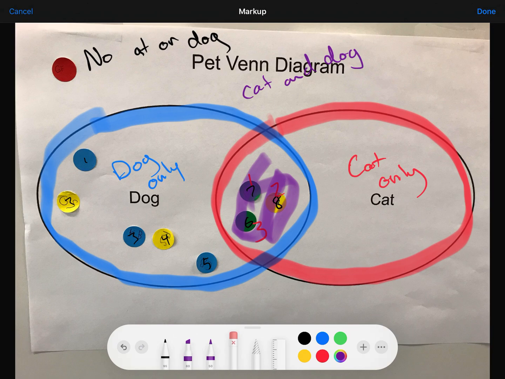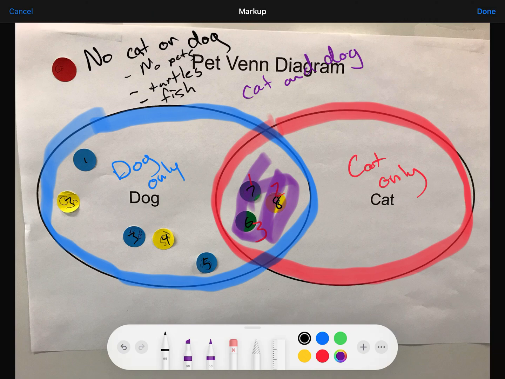Okay, I'm going to fix that C. They have no cat or dog. That means it could be no pets. That means that it could be turtles. That means that it could be fish, tarantulas, snakes. I don't know, but they just don't have a cat or a dog, okay?